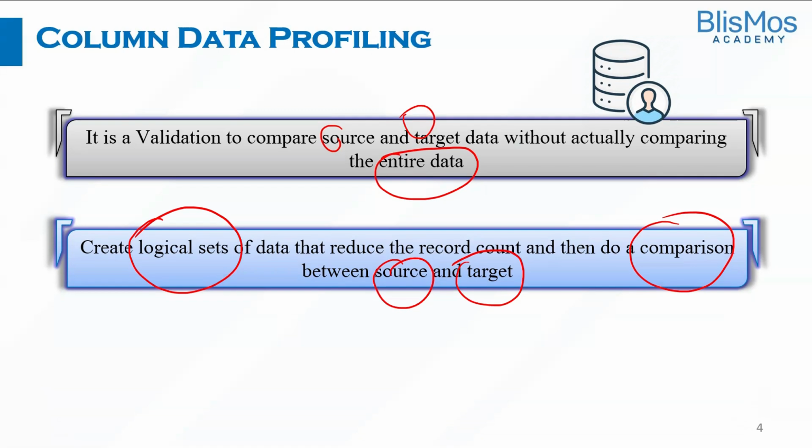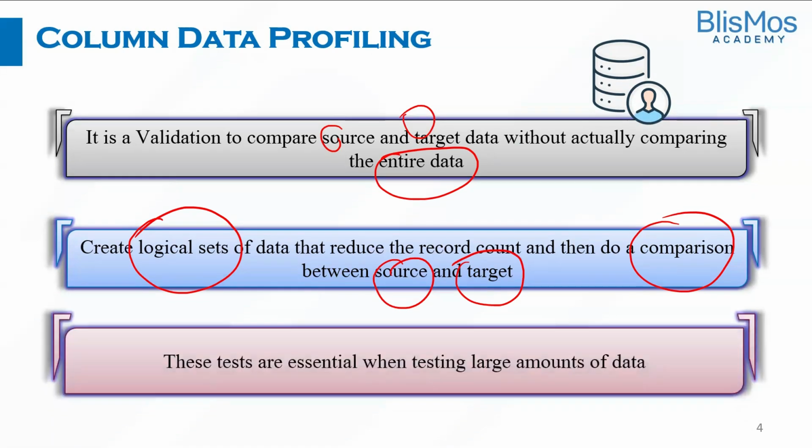Why do we only compare subgroups or logical sets? Because when you are trying to understand the data as a whole, you would potentially have billions of records, so you will not be able to check each and every record. That is where, through column data profiling, we will understand the pattern and get to know the quality of the data. So it is essential to do column data profiling when we are testing large amounts of data.